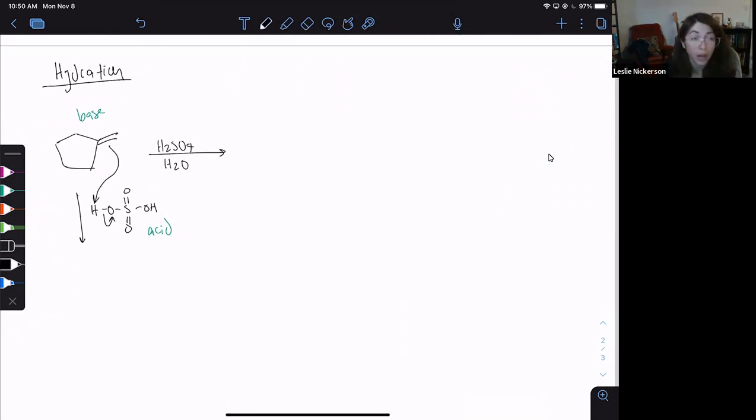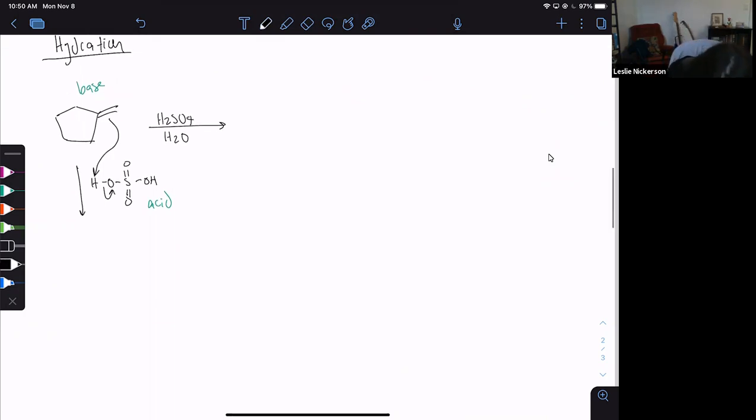Okay, so we are going to be adding an H to one side. But I really need two bonds if that is going to be neutral. So I can either add my H here, which would mean that that carbon is lacking in electrons.